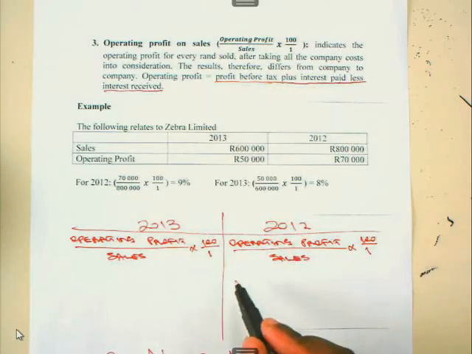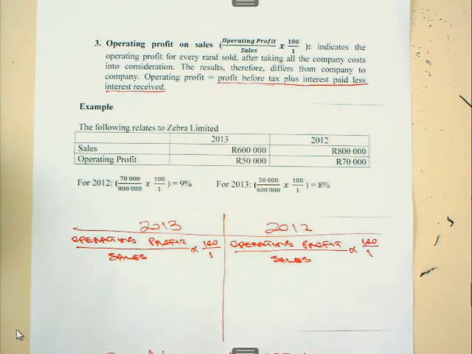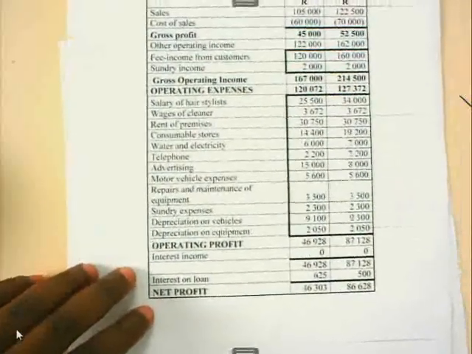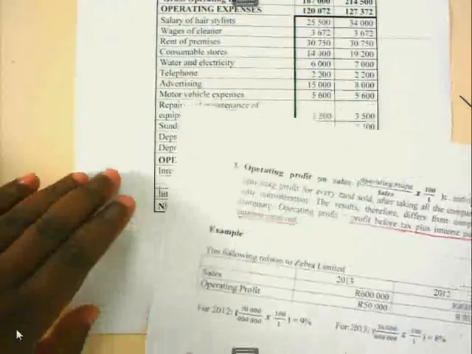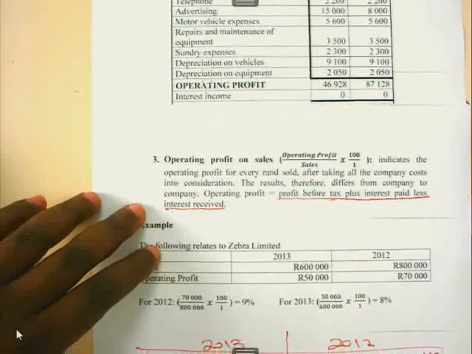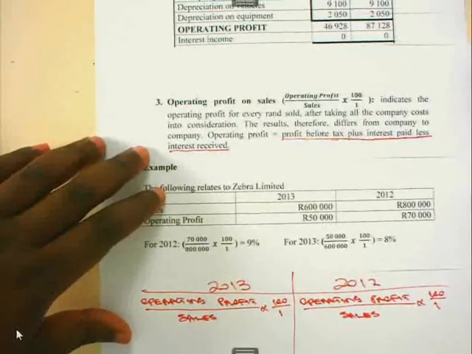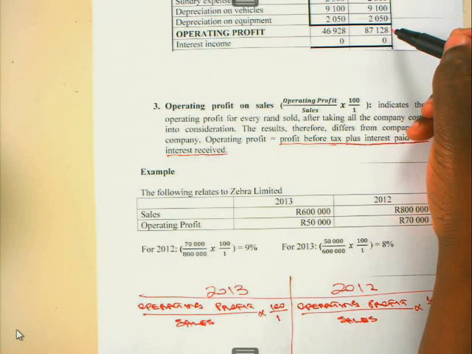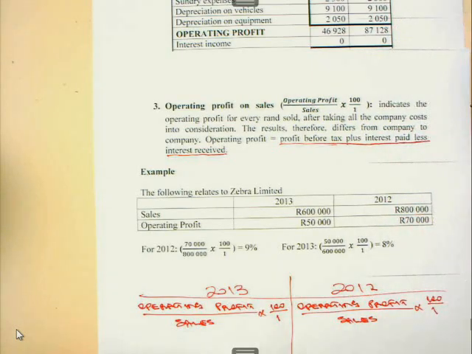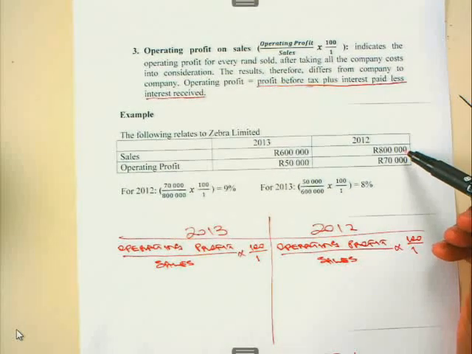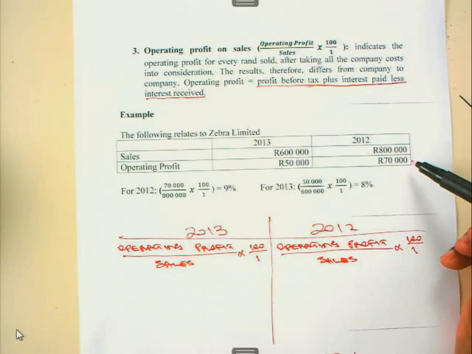Let us start first with 2012. Let us start first with the one that is given here as an example before we move to the activity that I'm going to do with you.